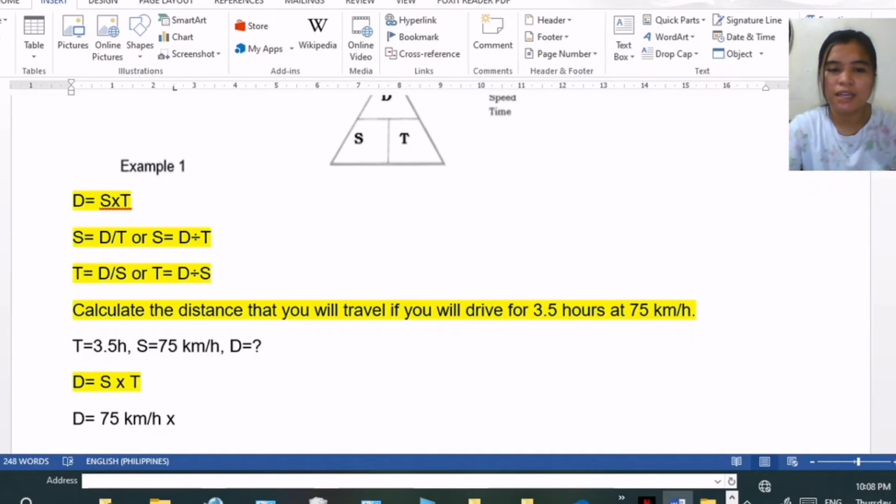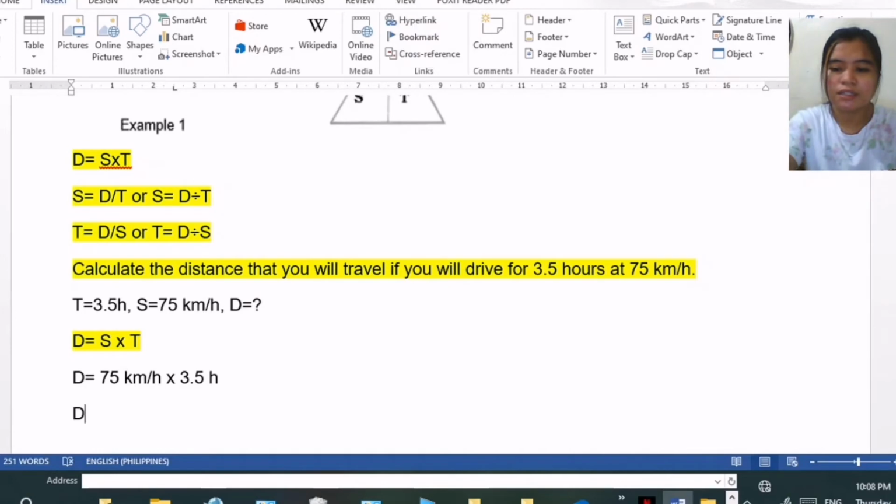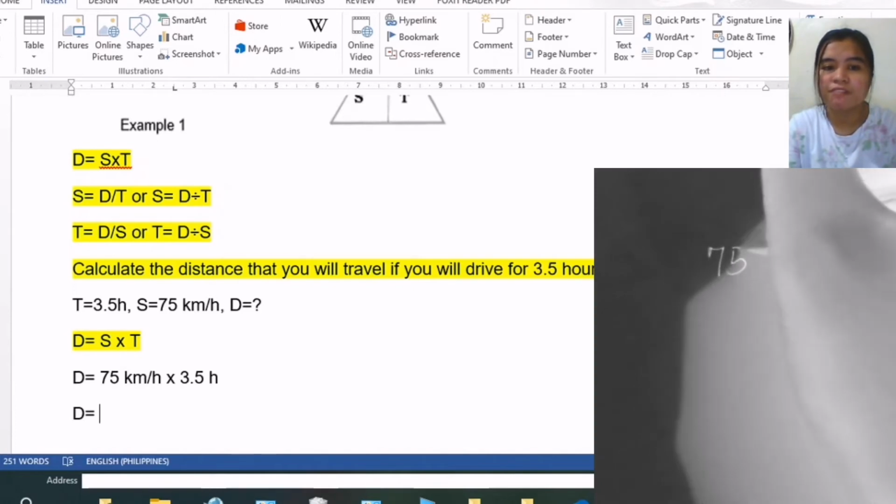And then for T, let's substitute the given value, which is 3.5 hours. Ayan. And then let's copy D again and then equal. And then let's multiply 75 kilometer per hour times 3.5 hours.